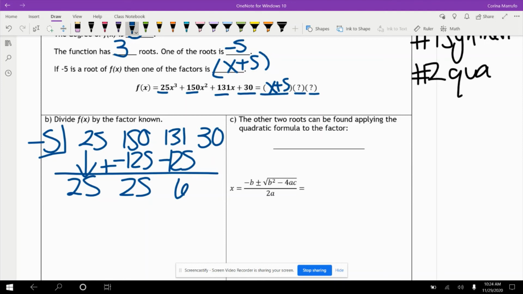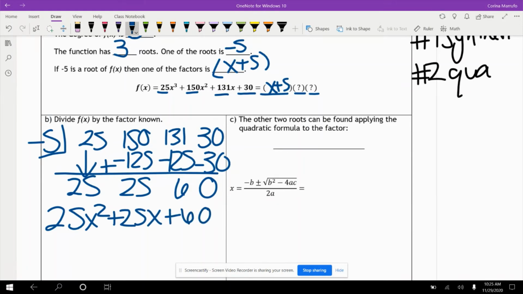Then we multiply -5 times 6 gives us -30. And we add, and that gives us 0. Remember, you should always get a remainder of 0. So that means that this is 25x squared plus 25x plus 6. This is your A. This is your B. This is your C. You plug it into the quadratic formula.